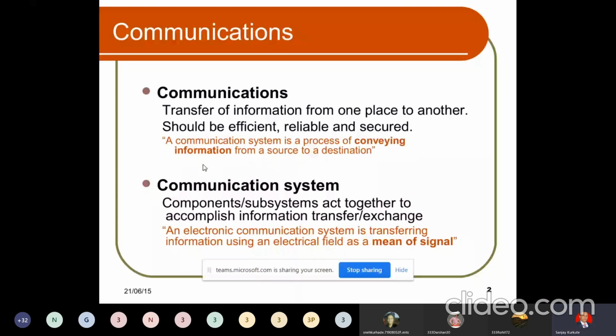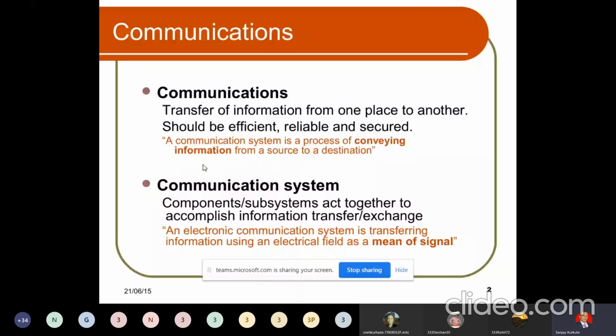So various blocks or electronic circuits required for transferring information from one place to another is called a communication system.